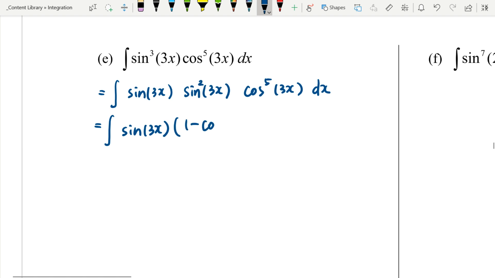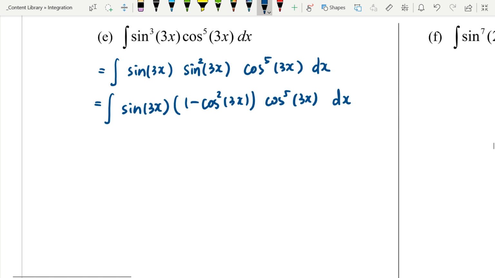Sine squared becomes 1 minus cosine squared, and then we keep that cosine. So by doing that, we keep one sine left and all the other expressions are cosine. Okay, so we let u equal cosine 3x.